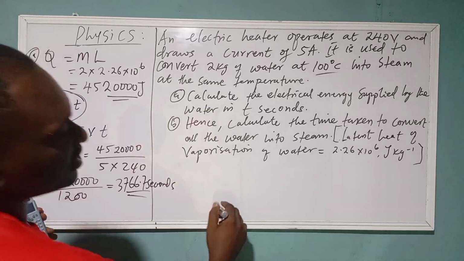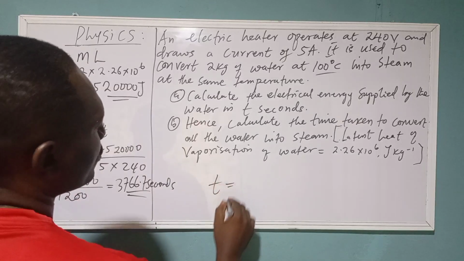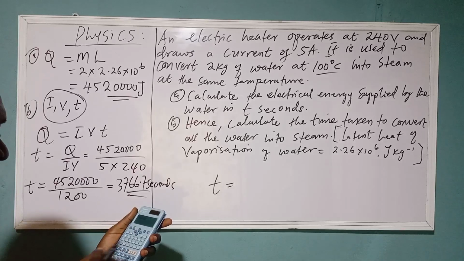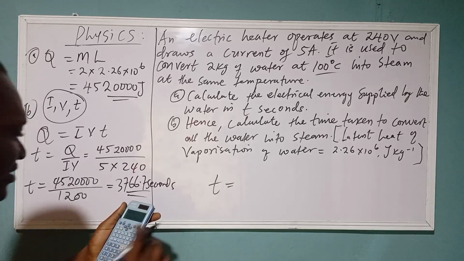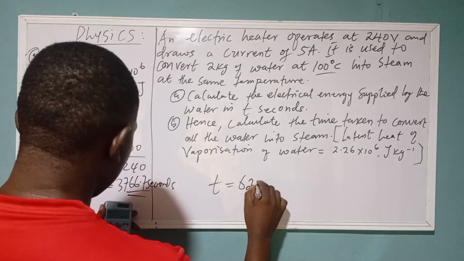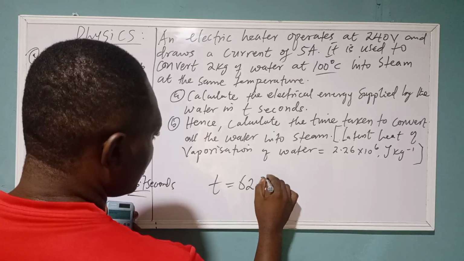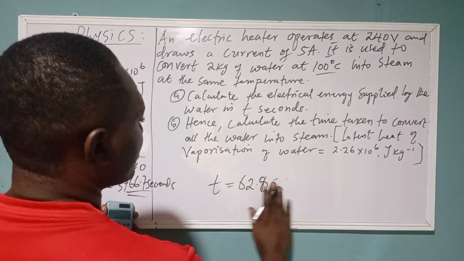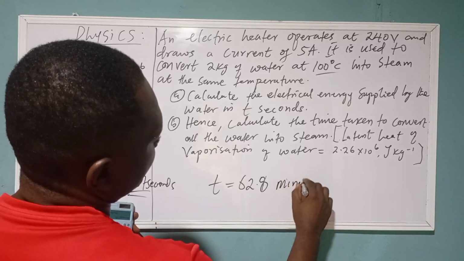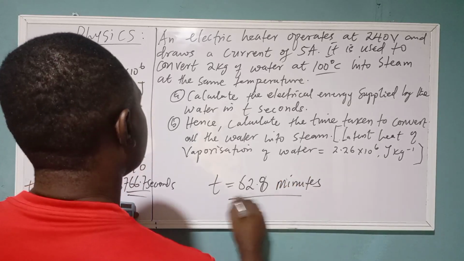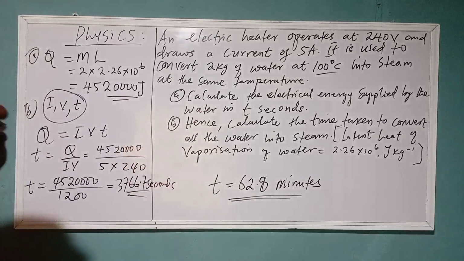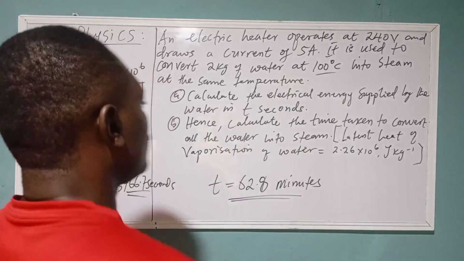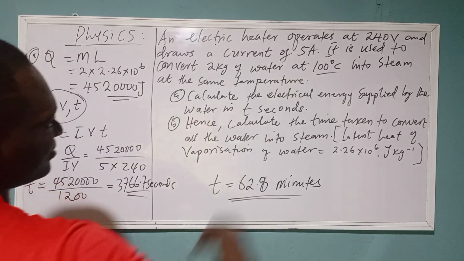You divide this value by 60 to take it to minutes, right? So dividing by 60, we're going to have 62.7 or 62.8 minutes. So this is the time it takes for all the water to convert into steam at the same temperature.